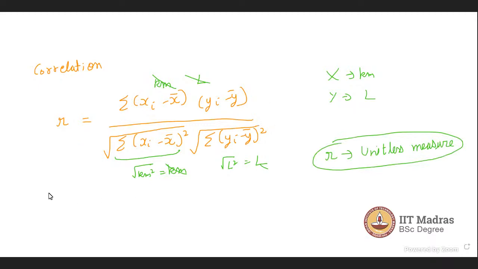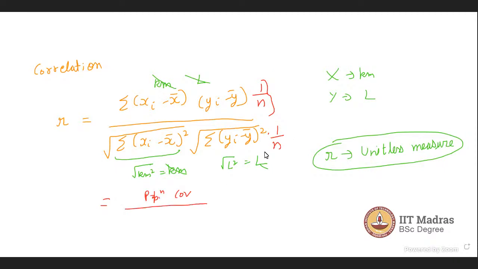Another way to do it is to divide the numerator and denominator by n. In such a case, the numerator becomes population covariance.